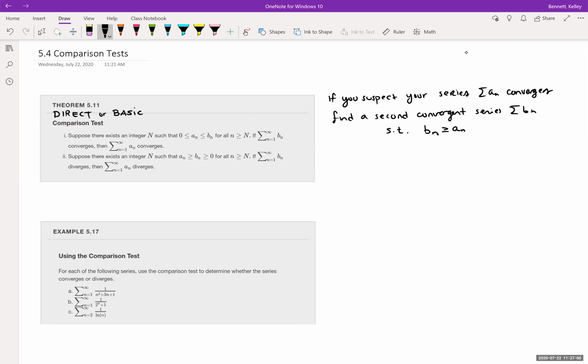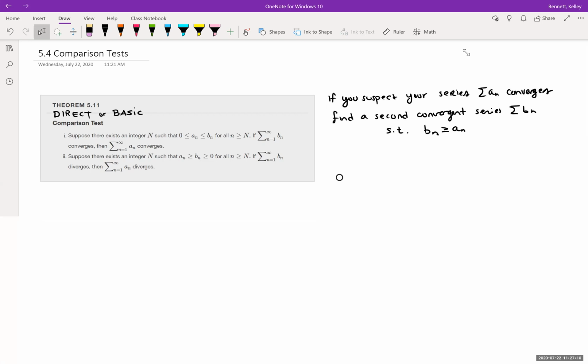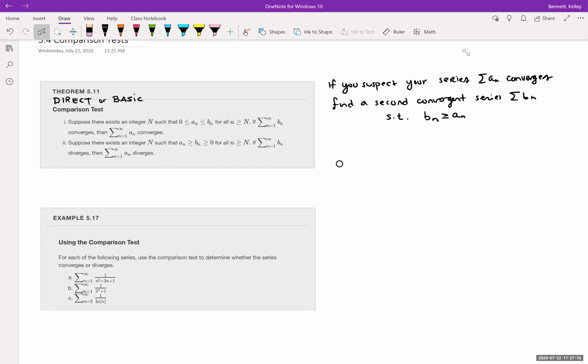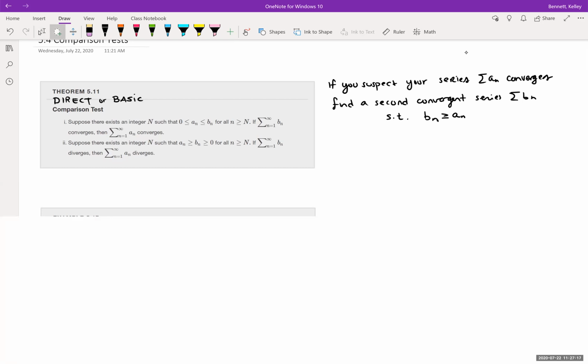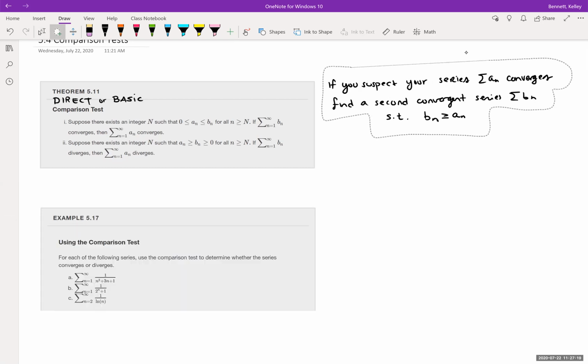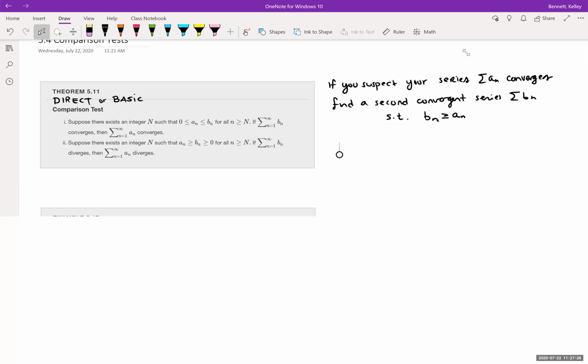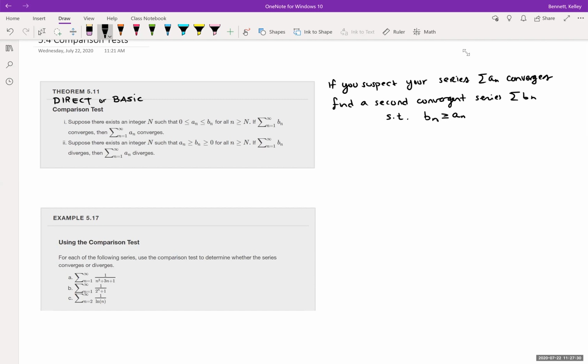And then conversely, you want to do the same or something similar if you suspect that your series diverges. But if you suspect that your series diverges, then you'd want to find a series smaller than yours that also diverges.